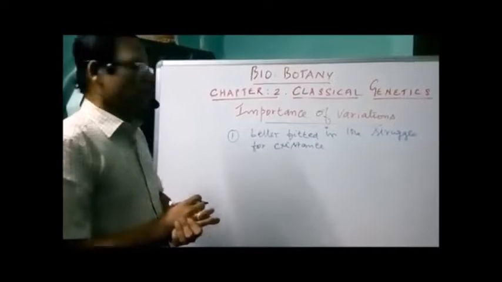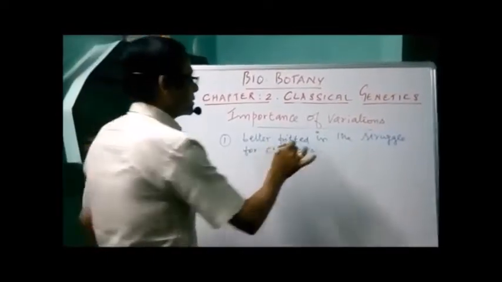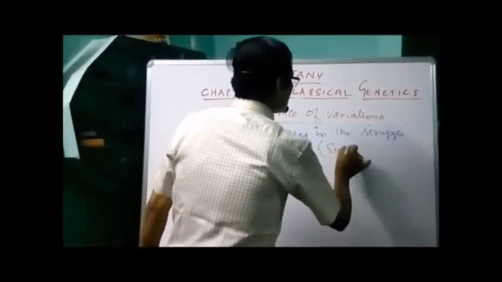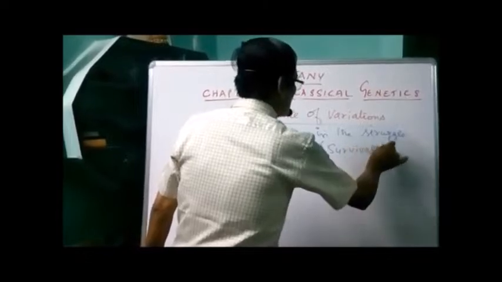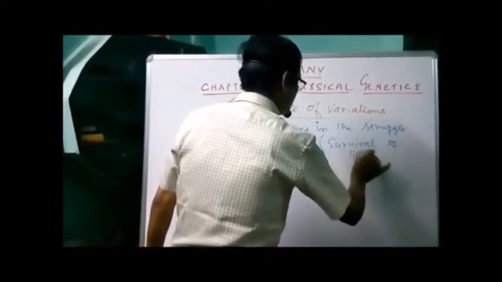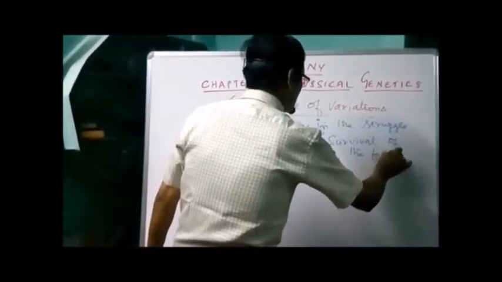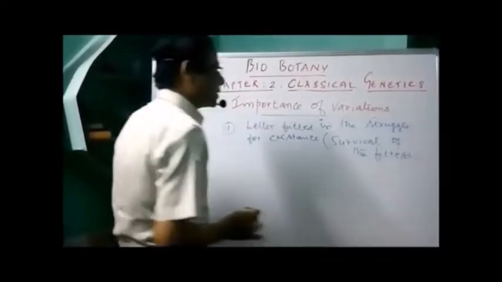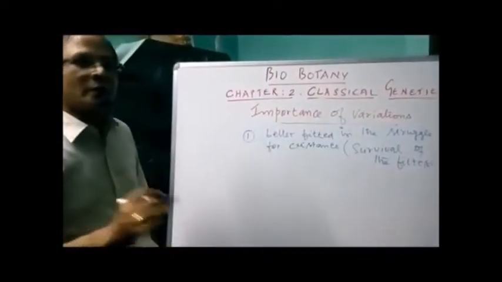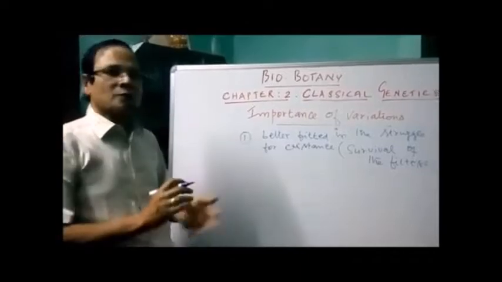And this concept, according to Darwin, is called survival of the fittest. The fittest organisms are able to survive and others are eliminated. So this is because of variations.